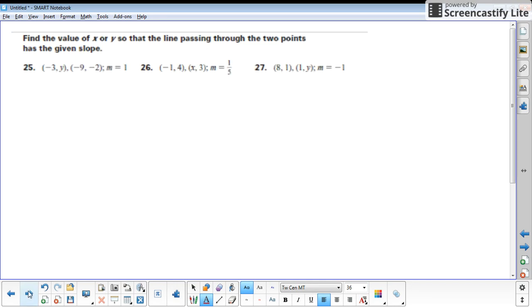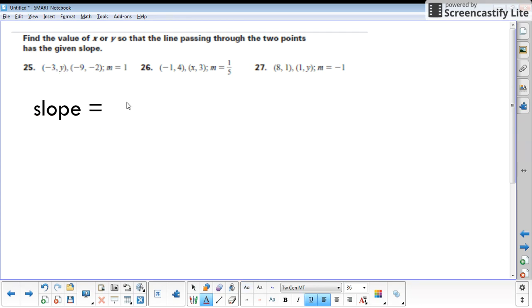Okay, last one. The story problems, or the real-life adventure problems we've been doing for a while, shouldn't be too hard, but these ones are interesting. The difference is that I'm giving you the slope.